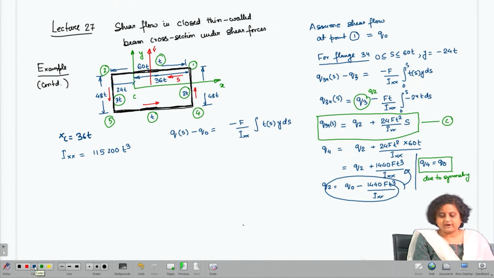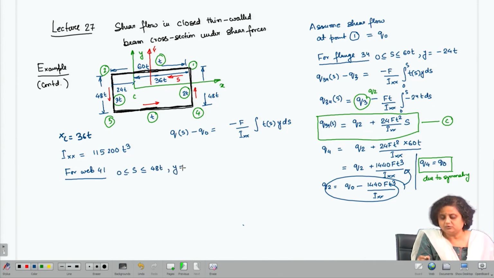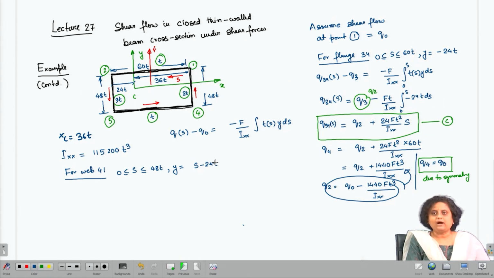Now, for web 4-1, S is going to vary between 48t to 0 and Y is going to be S minus 24t, because when S is equal to 0, Y is going to be 24t, and when S is equal to 48t, it is going to be plus 24t.